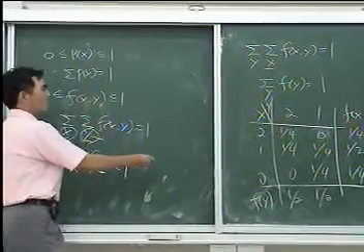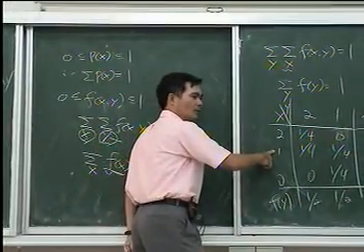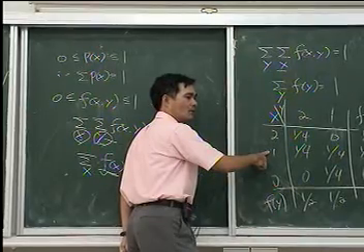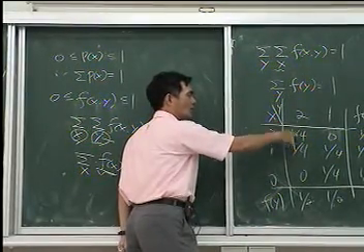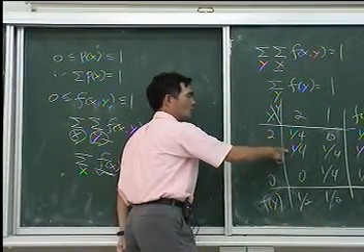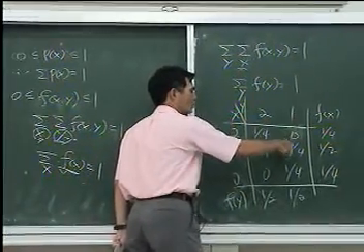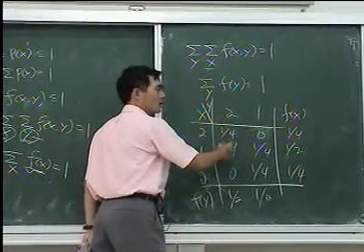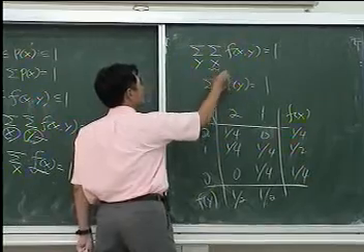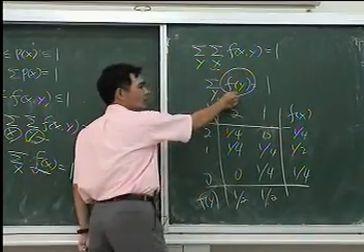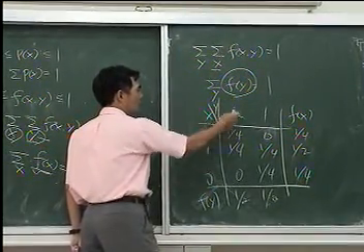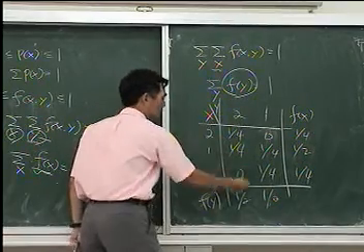The same thing, if you want to know x is equal to 1, you have to add from the y side. You need to know when y is equal to 2 and x is equal to 1, and y is equal to 1 and x is equal to 2. The same thing, if you want to know the y side, you need to know the x side, because here you want to know the number here.